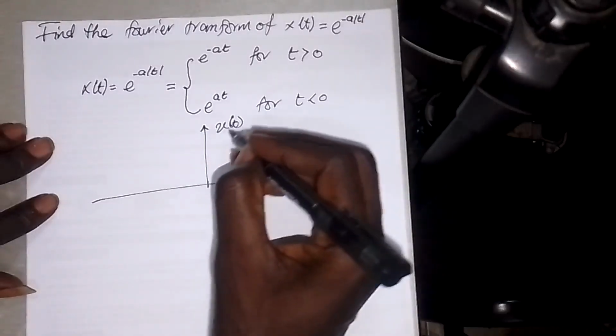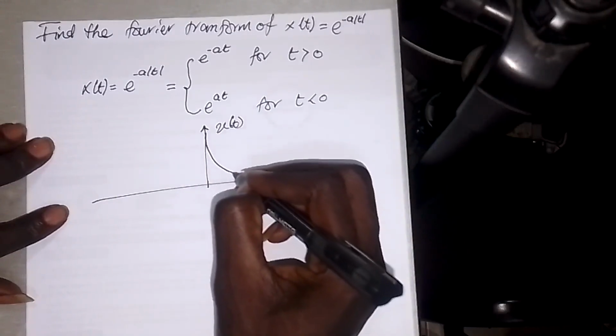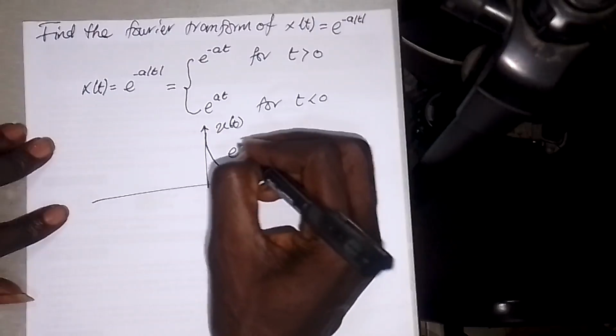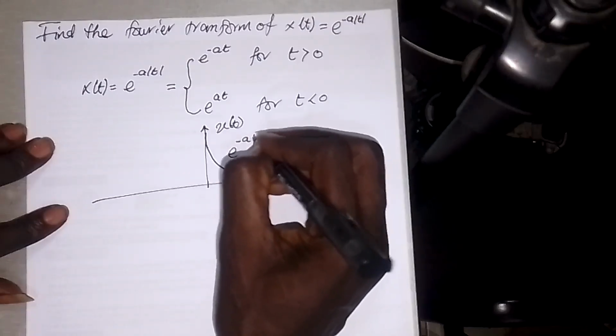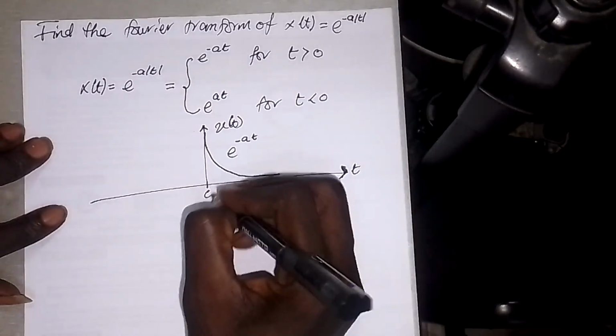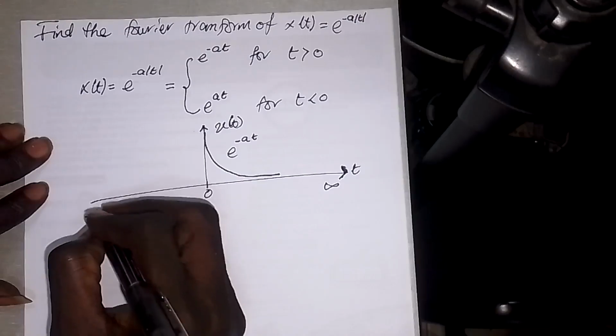So e exponent minus at will be something like this. Here is 0, this side runs to infinity and this side to minus infinity.